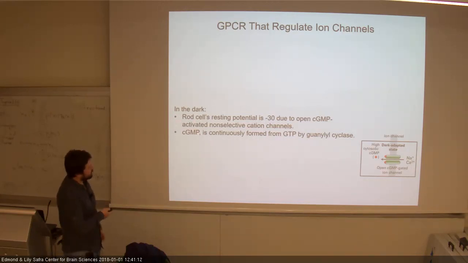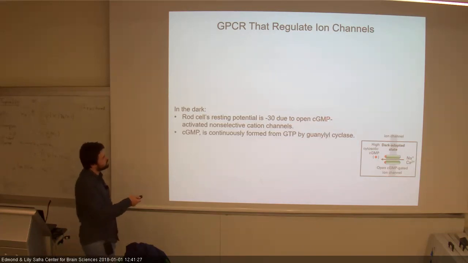During the dark, the rod cells are at a resting potential of -30, and this is different from other cells in our body, which are normally -60 or -70, due to open cyclic GMP activated non-selective cation channels. So the cell itself is filled with a lot of these channels that are constantly open when they're associated to cyclic GMP, which is in high concentration during the dark.